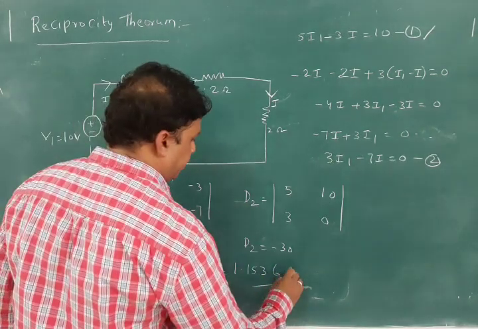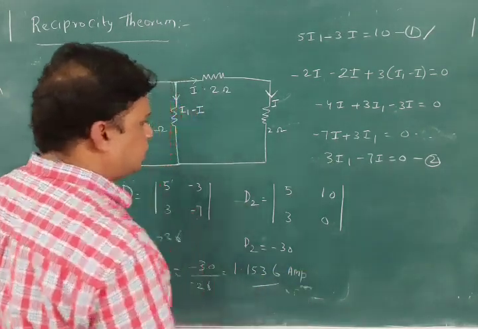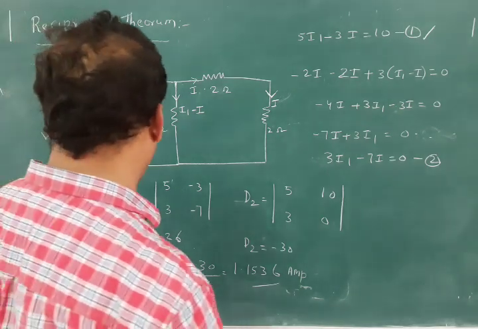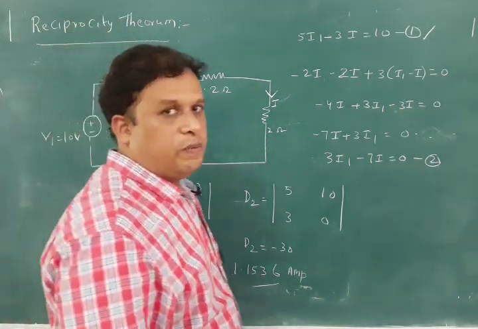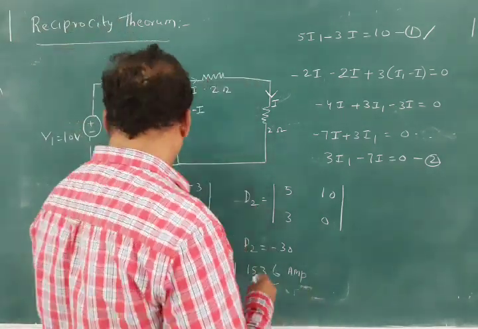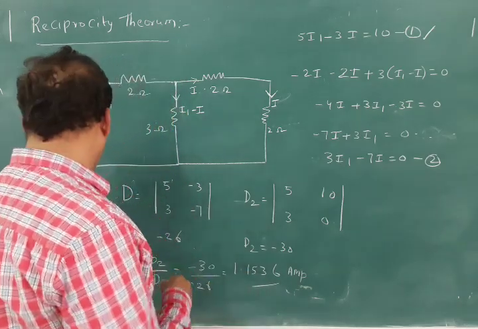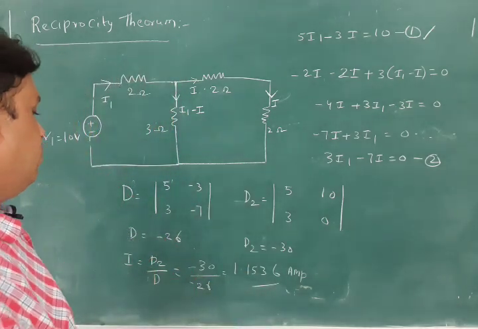I has the ampere unit, and now we have to do the ratio V by I, voltage by current. What is the voltage given? 10 volts, and what is the current given to you? Here it is 1.1536.